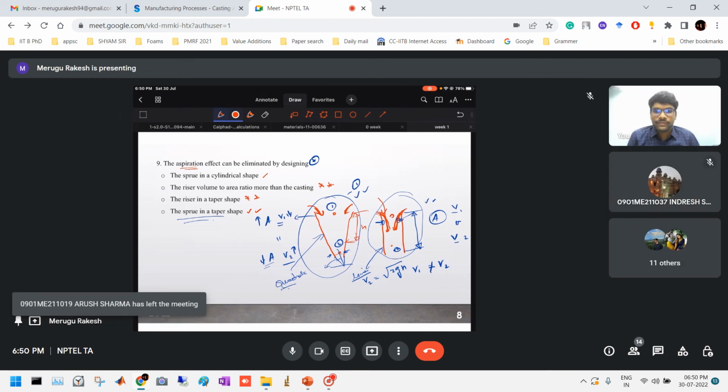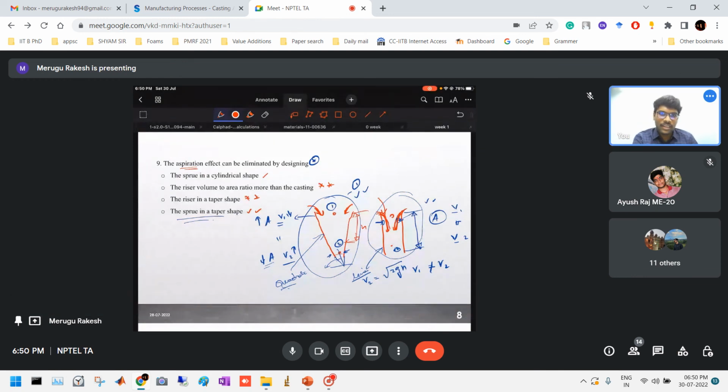Sir, can you explain the aspiration effect? Yeah, I just explained. What happens is that when we pour the metal into the sprue, if the design of the sprue is not good, then if the pressure inside the sprue is less than the atmospheric pressure, the air gets trapped inside it.